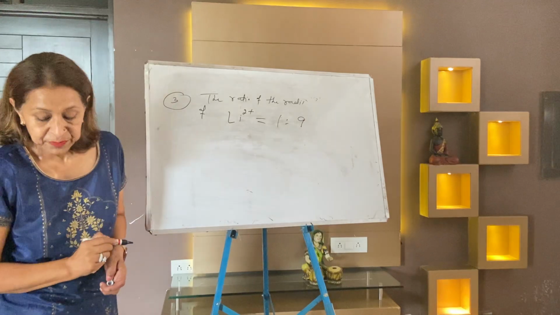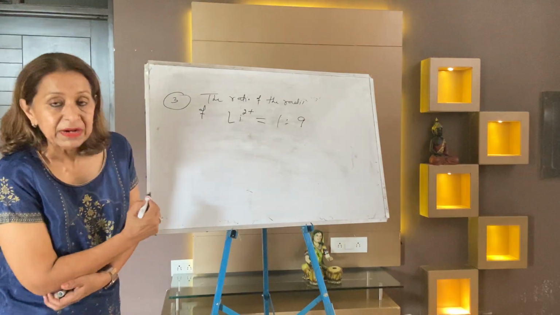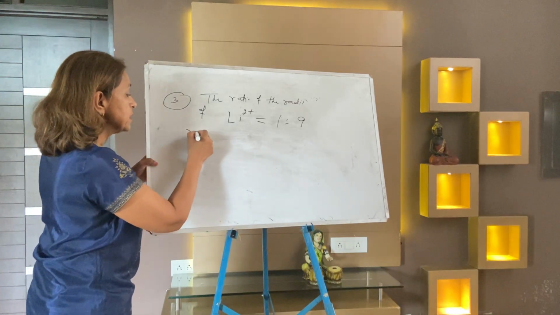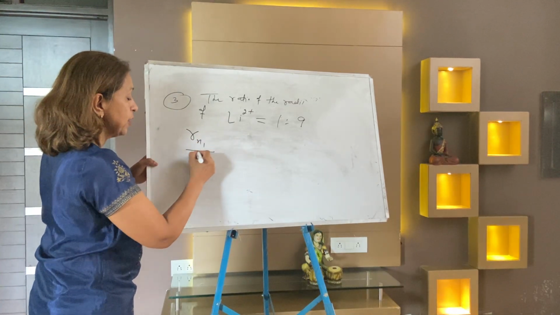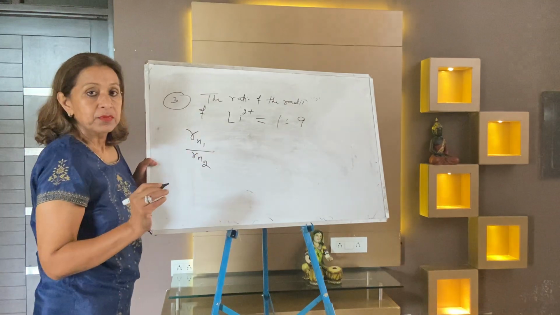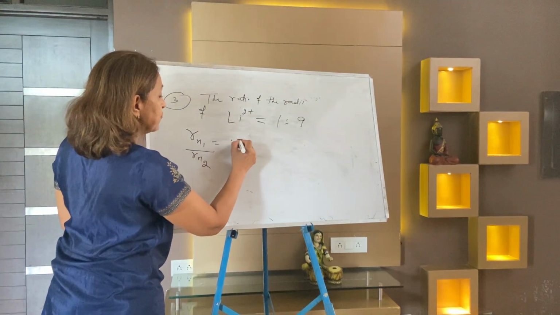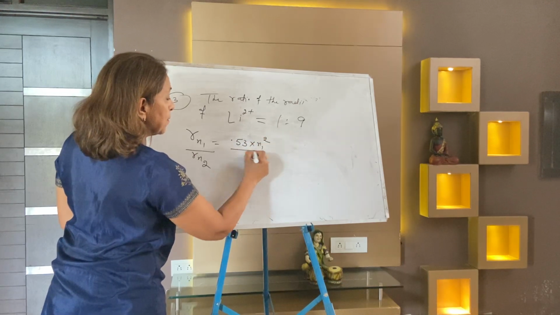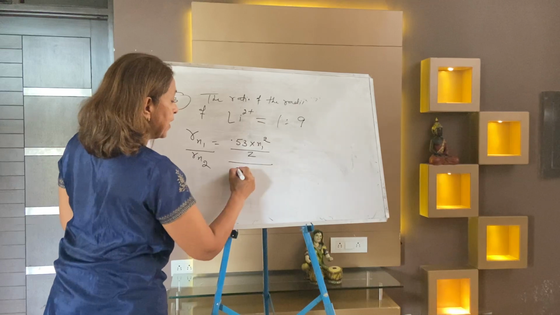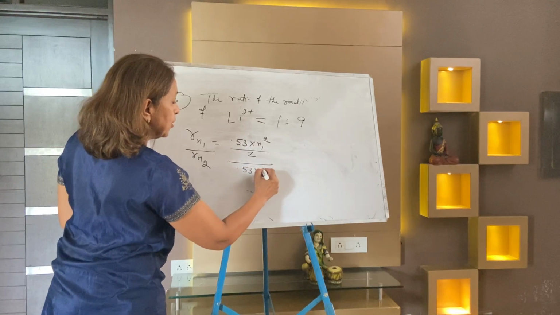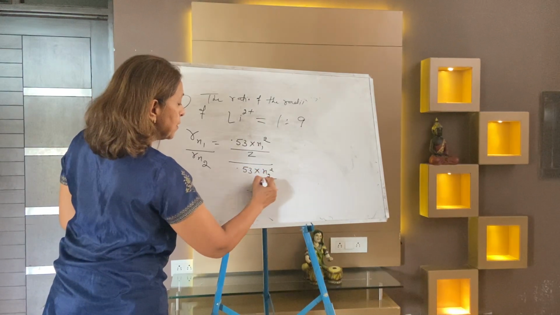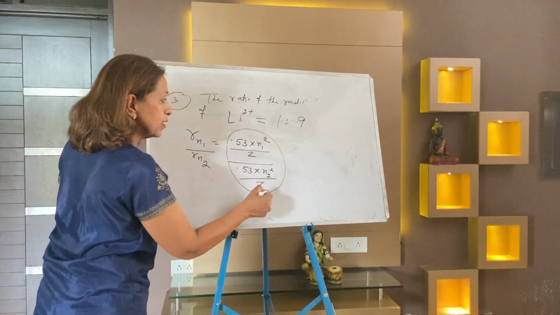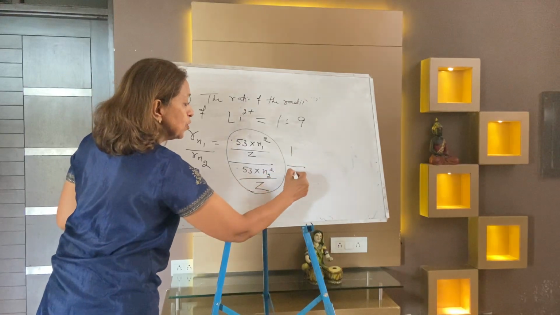The radius ratio is given. The question is, what is the nomenclature? So you know the answer. Radius of N1 by radius of N2 is equal to 0.53 into N1 square by Z divided by 0.53 into N2 square by Z. And this ratio is given, it is 1:9.